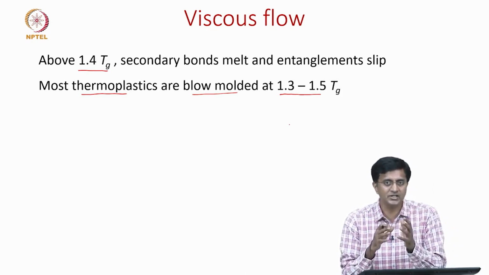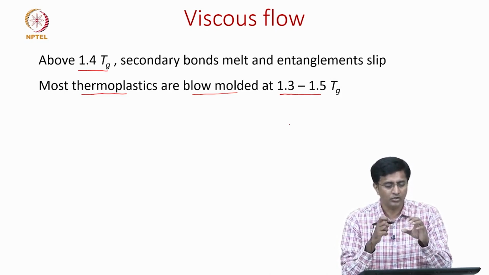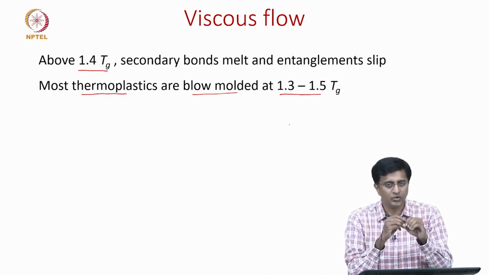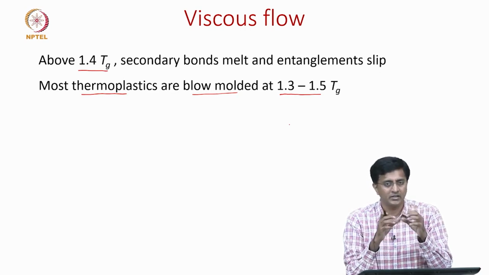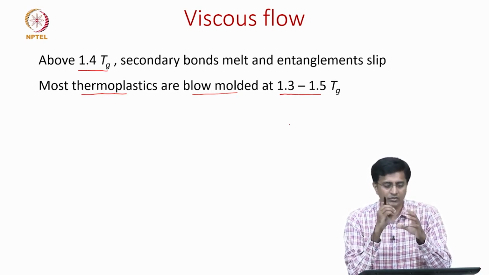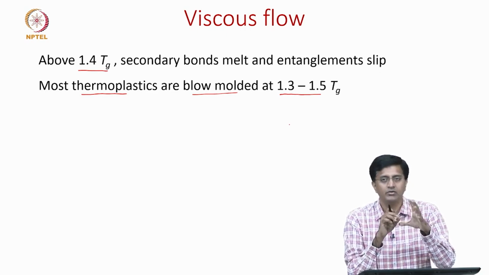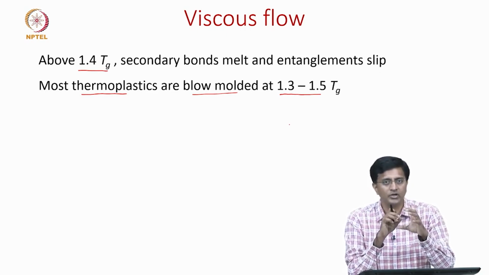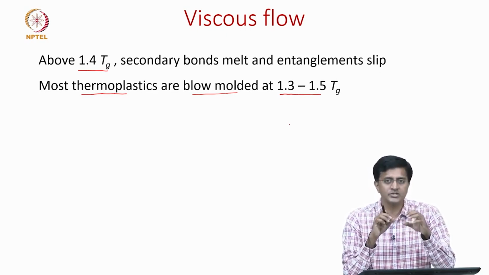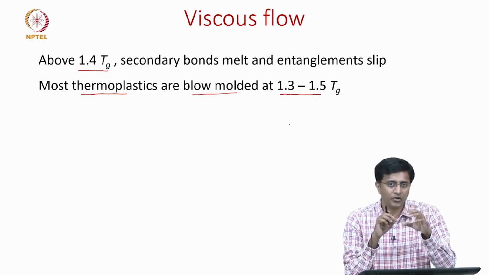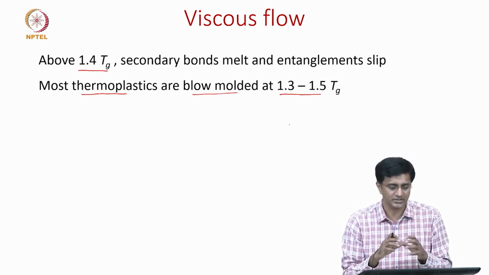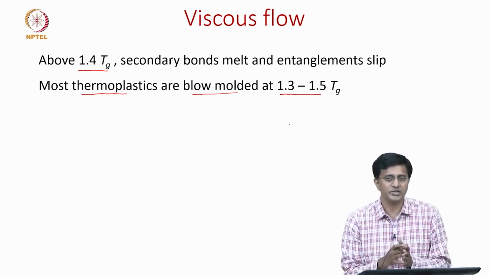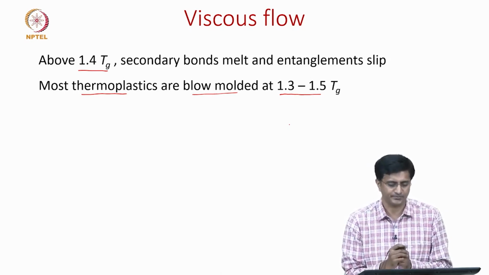The energy needed to blow, which means you need to have an air bubble which needs to be expanded, and you need to blow the air which is opposing this movement of the polymer. So, since the polymer is less stiff, or the modulus is less, the energy required for this blow molding is less. That is the reason why these temperatures are chosen for this process.